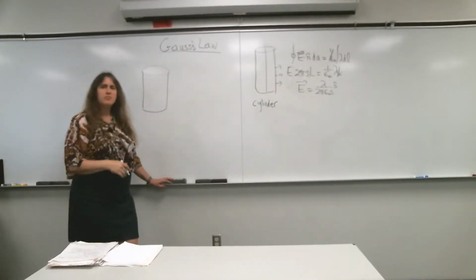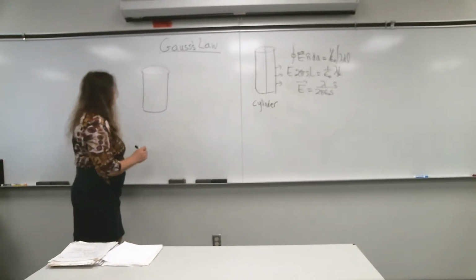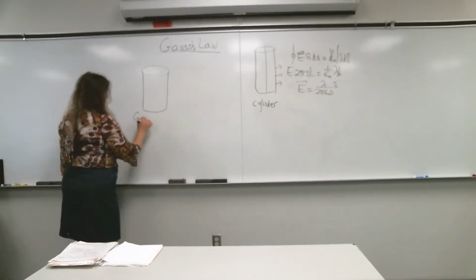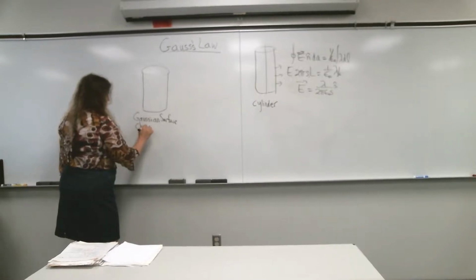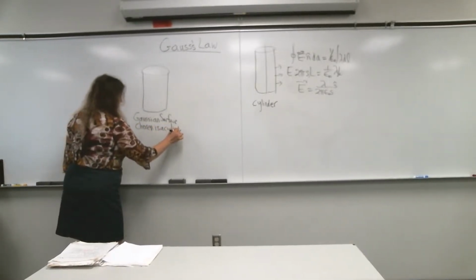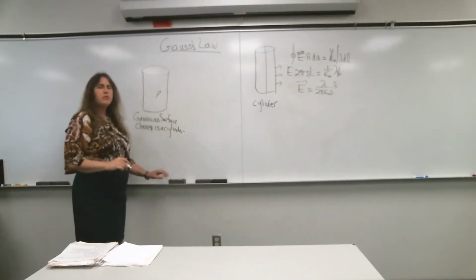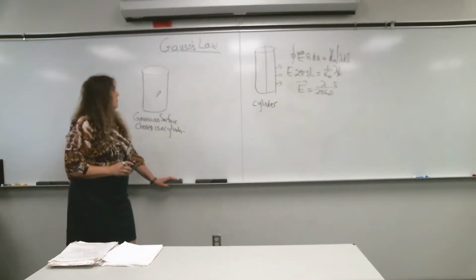Well, once again, choose a cylindrically shaped Gaussian surface. And we'll assume that our cylinder has volume charge density rho.